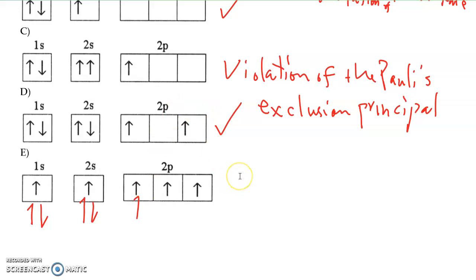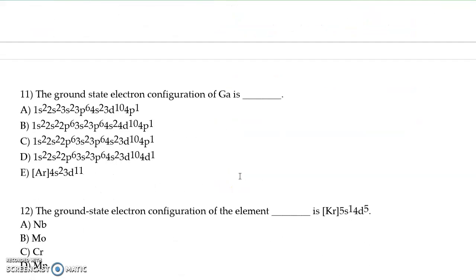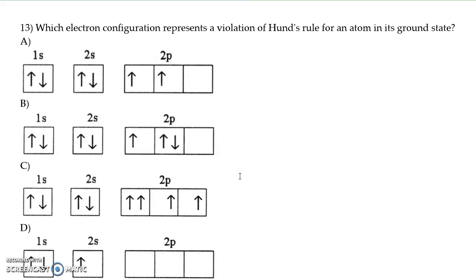All right, let's look at another exercise. Let's look at number 13. Which electron configuration represents a violation of Hund's rule for an atom that is in its ground state? Okay, so let's look at each of them. This one, up, down, up, down, up, up.